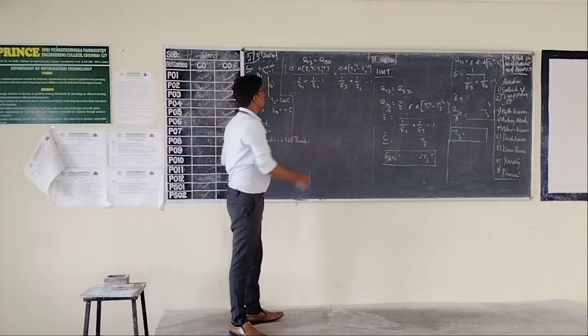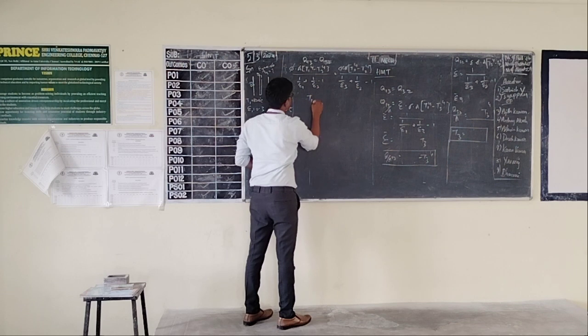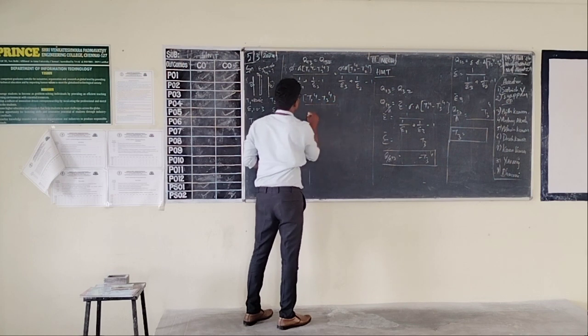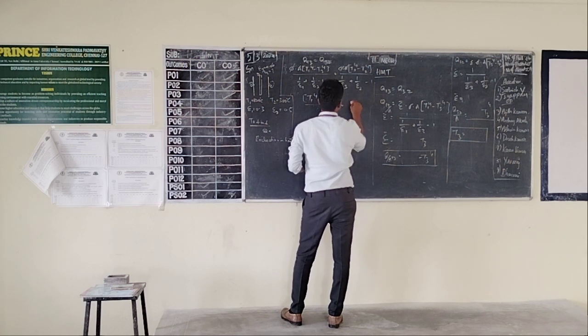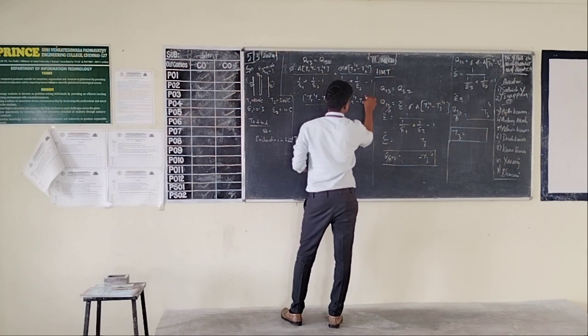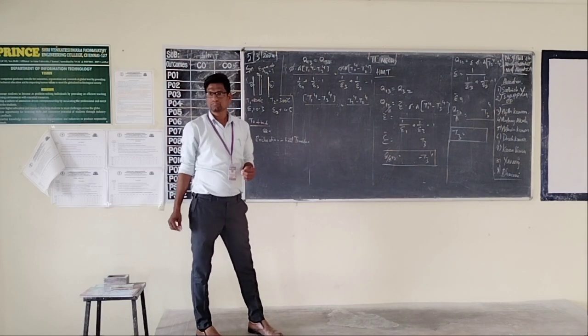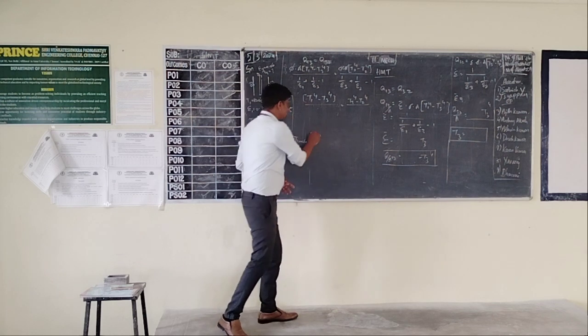You can cancel these two values. Then a new equation: what is the value for this? It will be 0.0526, and you get a value for this. So substitute the values here and calculate T3.